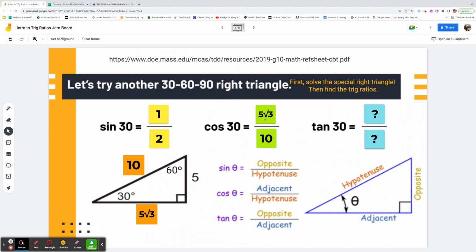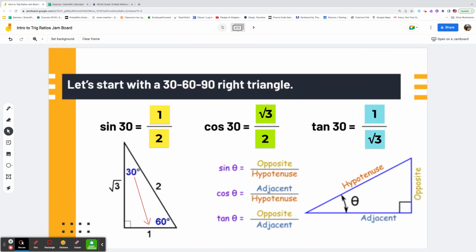So this fraction simplifies to square root of 3 over 2. So my trig ratio for the larger 30, 60, 90 right triangle for cosine is still the square root of 3 over 2, just like it was here.